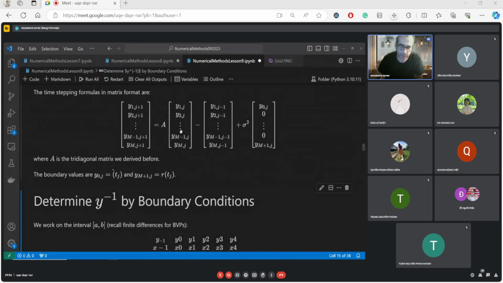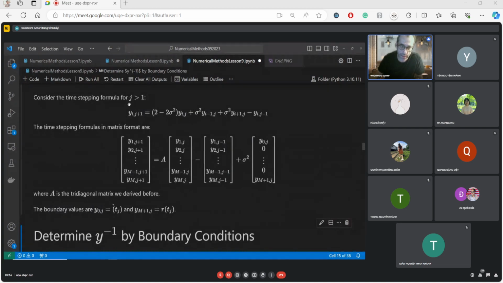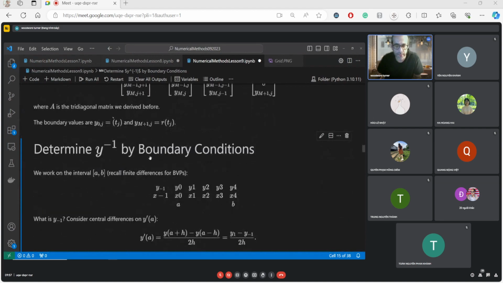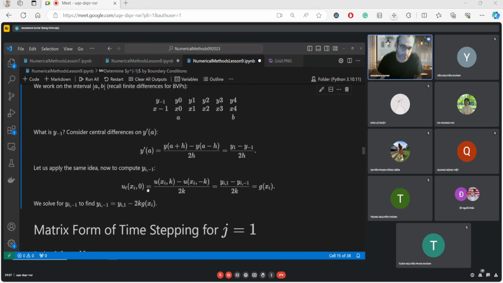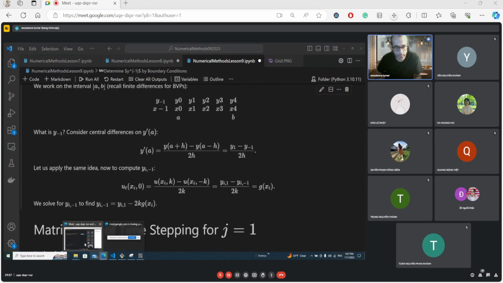And I meant to call this L. Oh, shoot, it's a little bit of a typo here with this apostrophe thing. But it should be that y sub 0 comma j, the first component of this vector that we're multiplying sigma squared by, is some function of t sub j, or the value of that function at t sub j. And y sub m plus 1 comma j is another function evaluated at t sub j. So the matrix is the tridiagonal, and the last component that we're adding on is the boundary conditions.